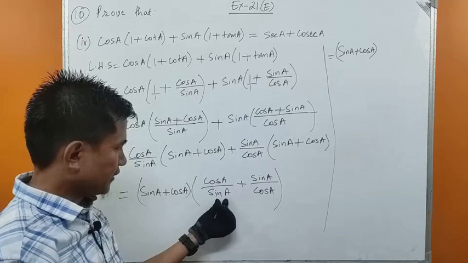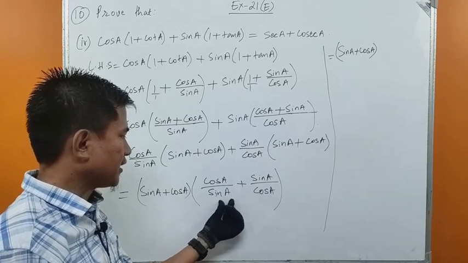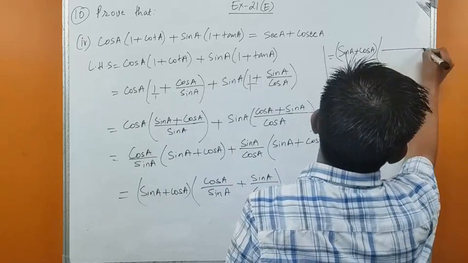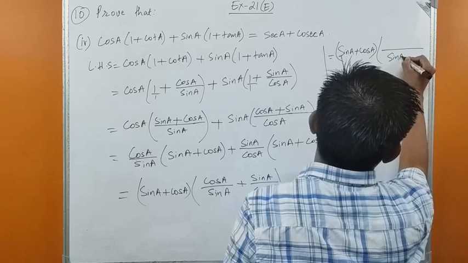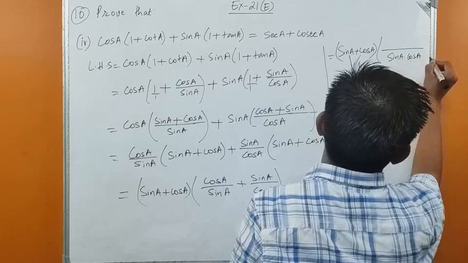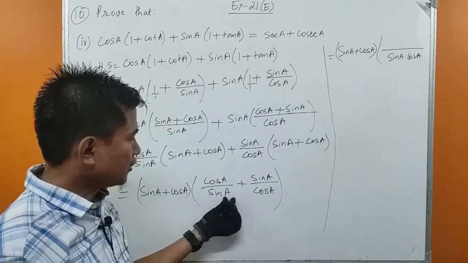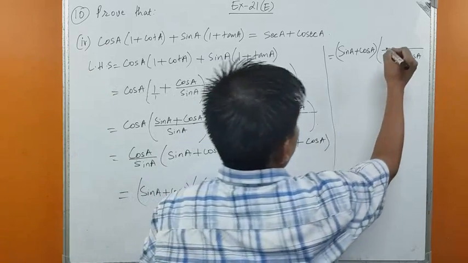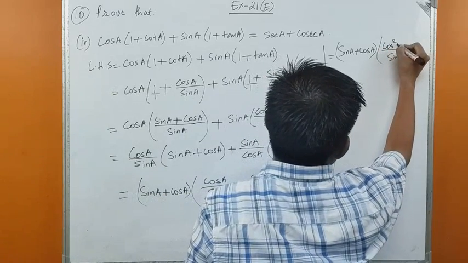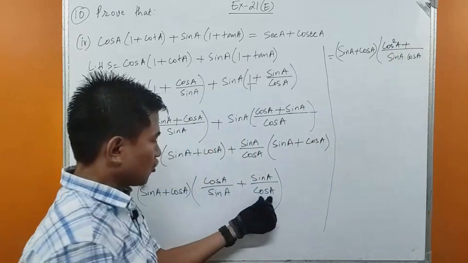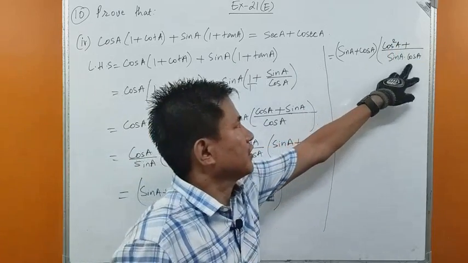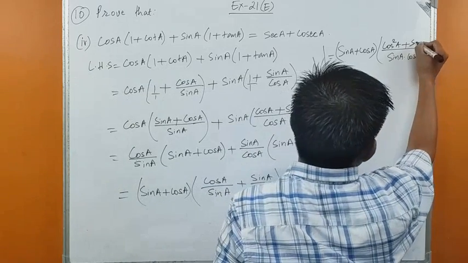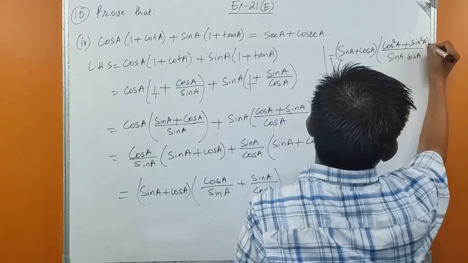Now I take the LCM of the denominators, sin A and cos A. Sin A into cos A is sin A cos A. Now sin A into cos A gives us sin A cos A, that means cos A into cos A, cos square A, plus cos A into sin A gives us sin A cos A, so sin A into sin A, sin square A, isn't it?